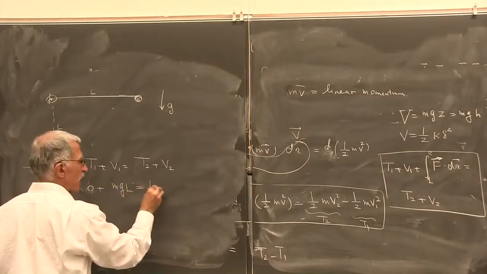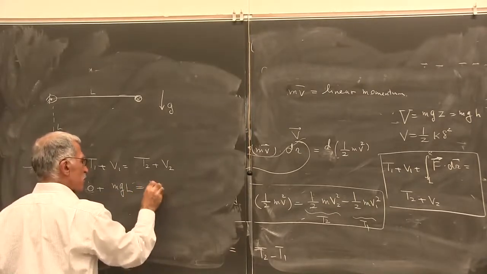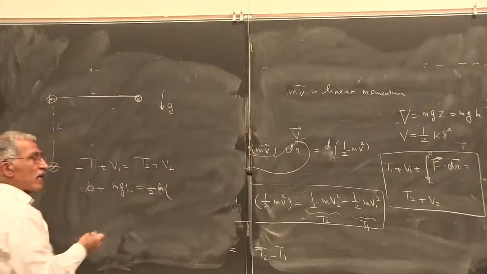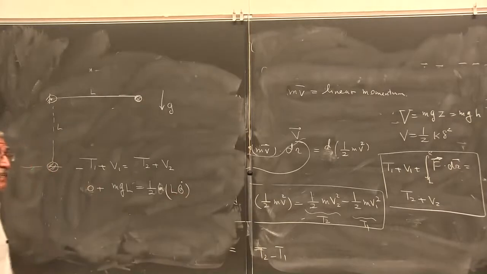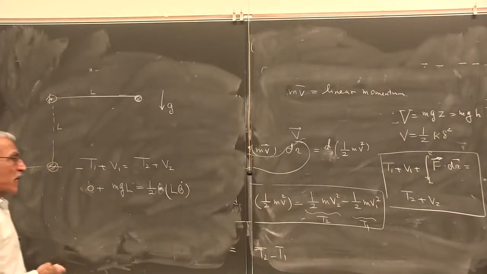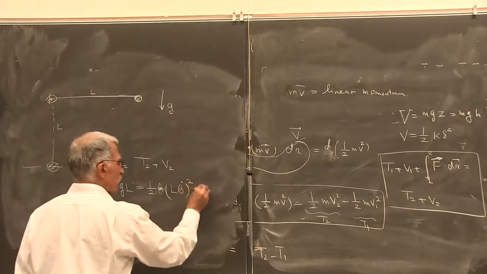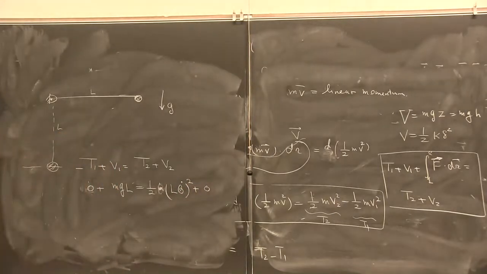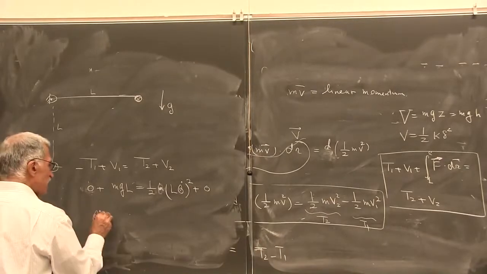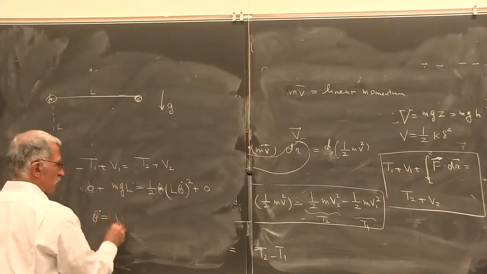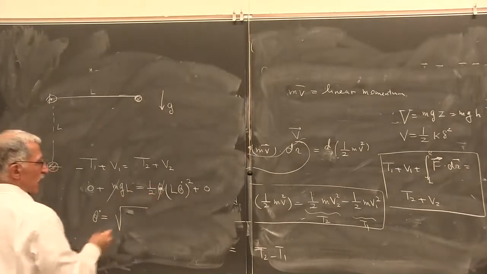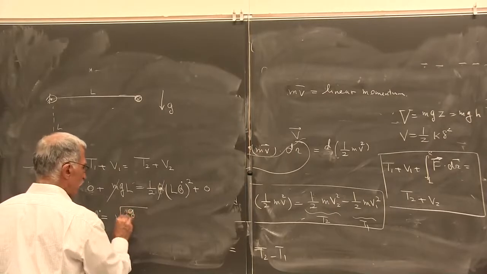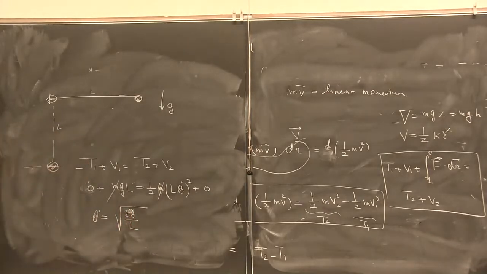T2 is 1/2 mass, and velocity is r omega, L theta dot, and that's the angular velocity he's asking, L theta dot squared, and potential energy is 0. So from here, your theta dot angular velocity becomes equal to the square root of 2g over L, since m and m cancel.